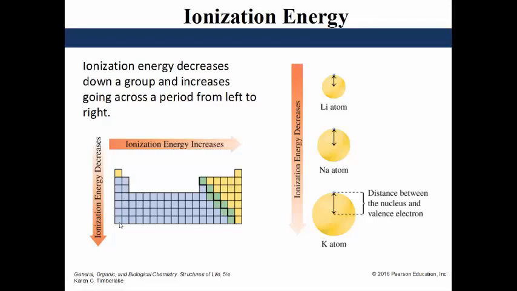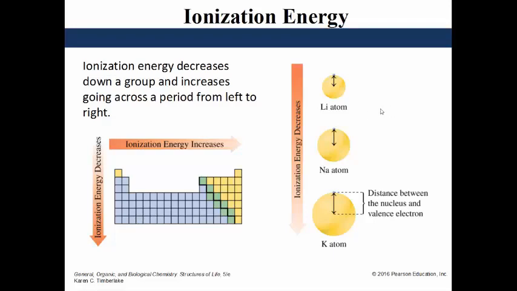So something down here would not take as much ionization energy as something up here would. Also, as you go from left to right, going this way, the amount of energy will increase. So something that's, say, in this corner here, where the cursor is, will take a high amount of ionization energy compared to something down here. So going down, the energy needed decreases, and going to the right, the energy increases.